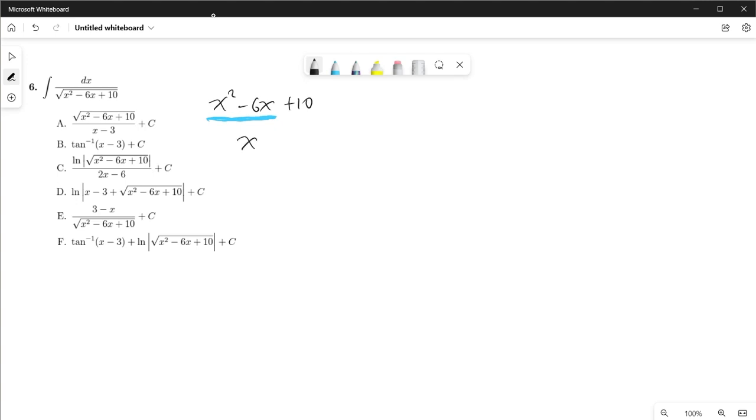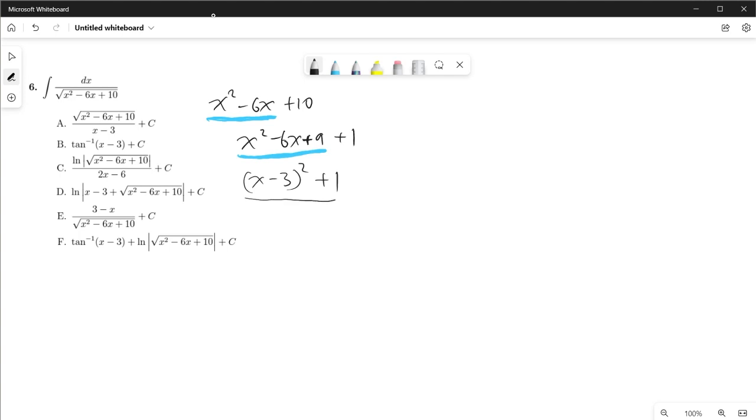If I have x squared minus 6x plus 9, then I'm left with 1. And I will notice that this is a perfect square, x minus 3 squared plus 1. This is the part under the square root, and this is also a sum of squares.